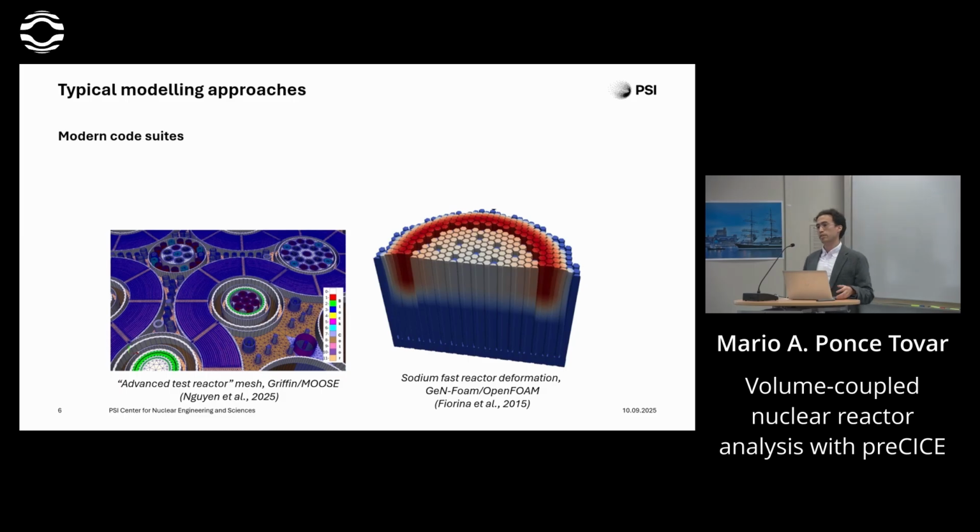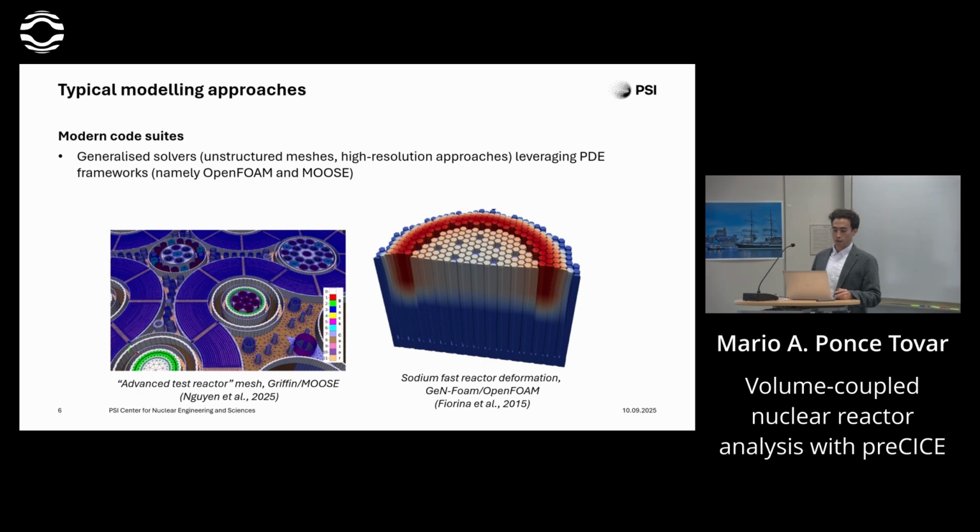But nowadays, with these new challenges for modeling, there are new modeling code suites being used, and these are relying on generalized solvers for various kinds of, for example, geometries or designs of the reactors that may use different coolants, etc. And so they use unstructured meshes, and they're high resolution, and they rely on the kind of PDE frameworks that we might be familiar with, like, for example, OpenFOAM.